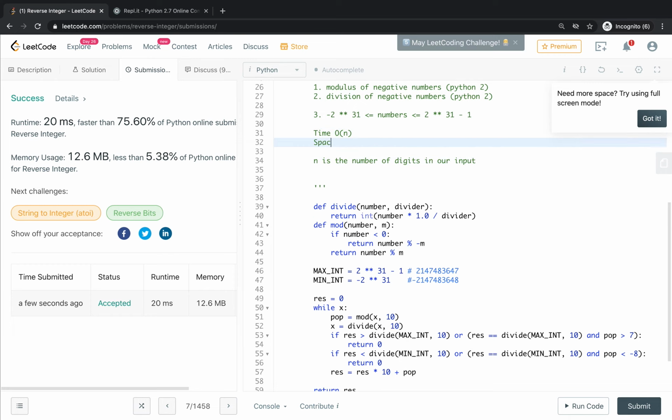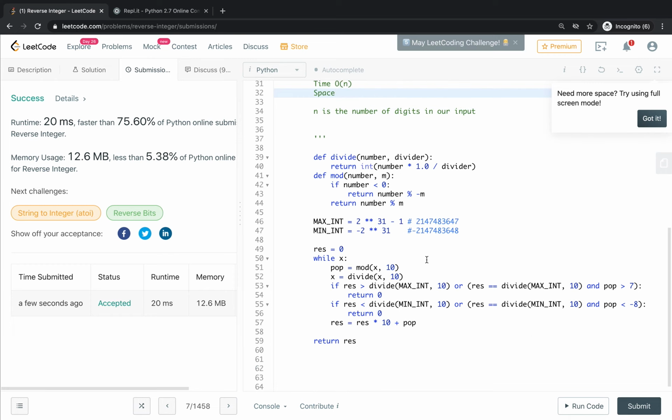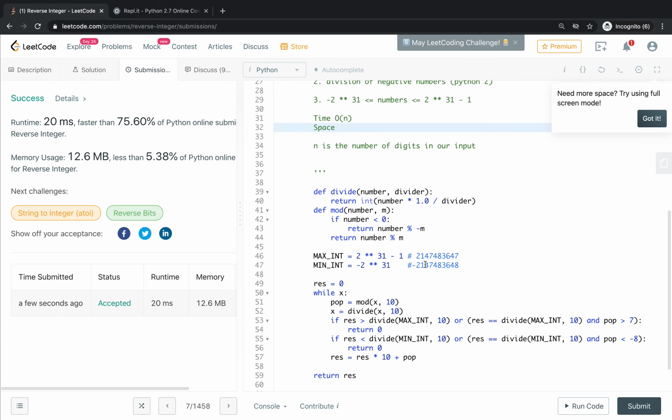And space, we don't use any other data structures, so we're basically in constant space. Or if you count the res as space, you could say it's space of n. So let's say space of n with an asterisk, or constant, depending on whether or not you count your output as space.